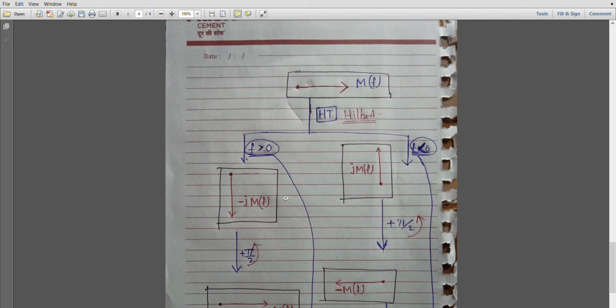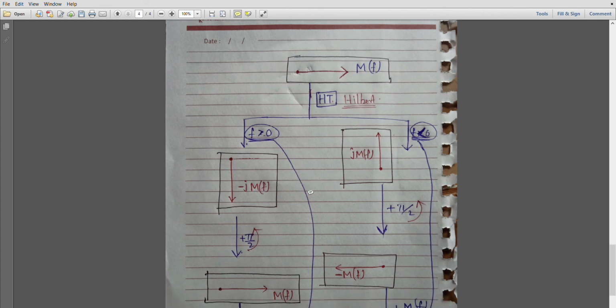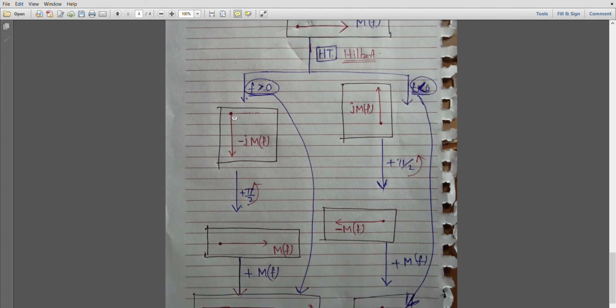So if we take a phase shift of plus pi by 2 on both of these, then this will rotate to its original position. And if we phase shift this by pi by 2, this will become exactly equal to minus M f.